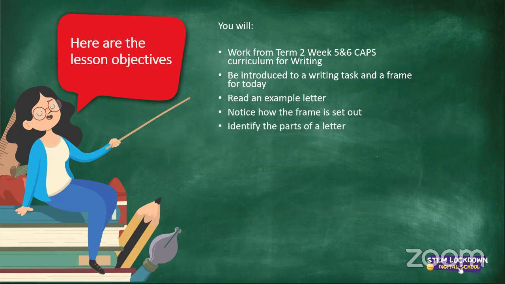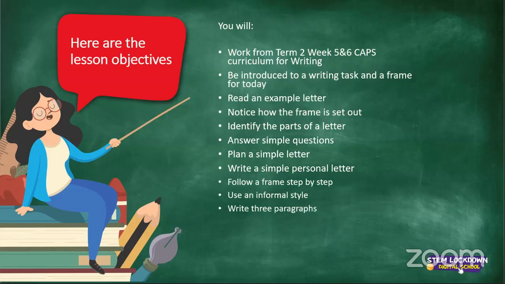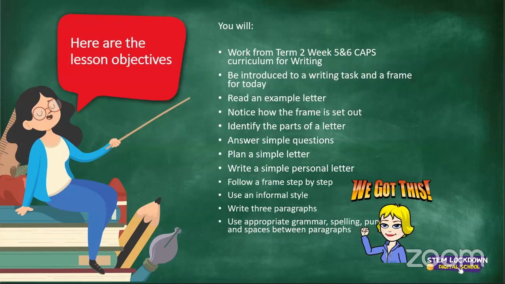You'll identify the different parts of a letter. You'll answer simple questions, plan a simple letter, write a simple letter, and follow a frame step by step. You'll use an informal style and you'll write 3 paragraphs. And of course, you'll use appropriate grammar, spelling, punctuation, and spaces between paragraphs. Got it? So you can see it's all about letters today, writing letters.